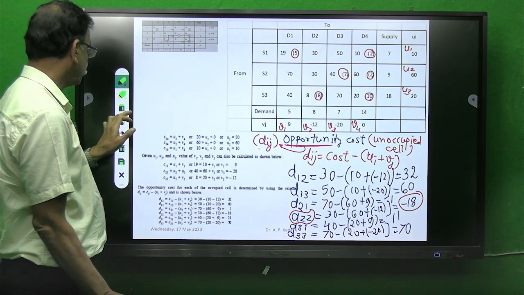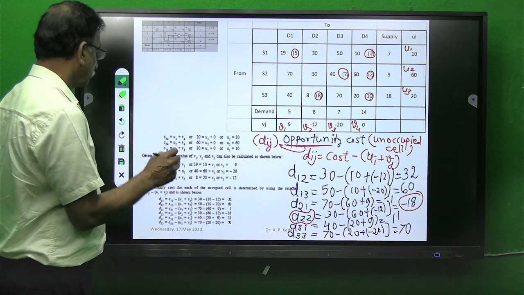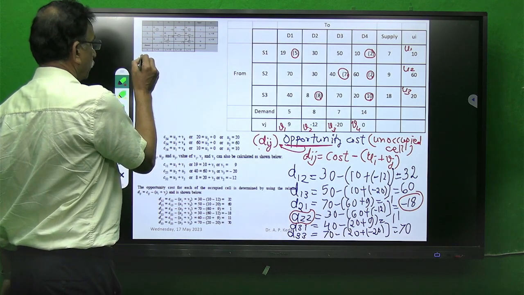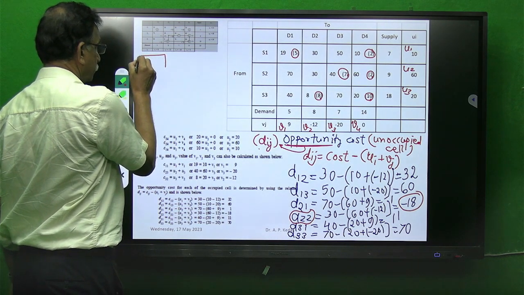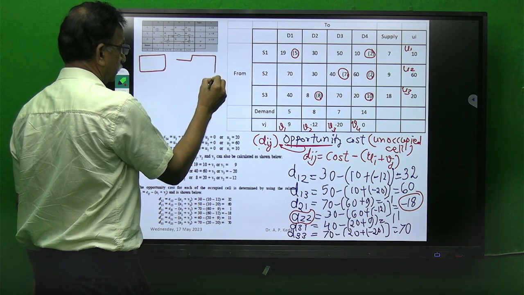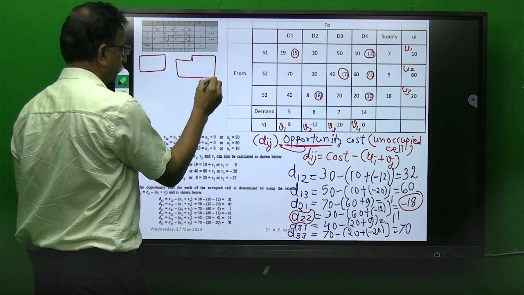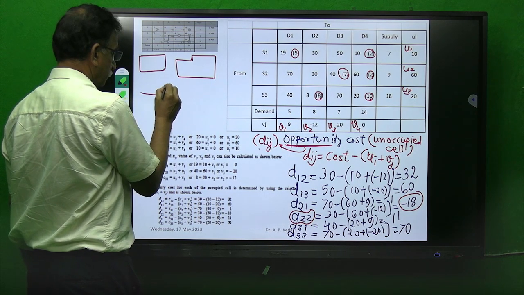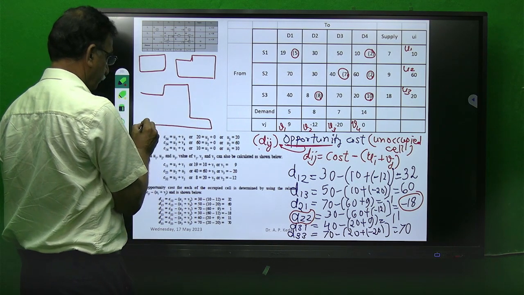For drawing closed loop, first I will draw. This is one example of closed loop. This is other example of closed loop. This is third example of closed loop.